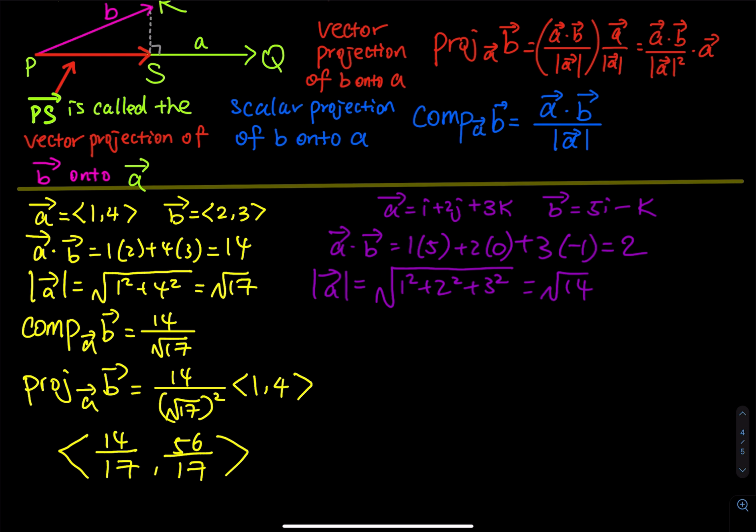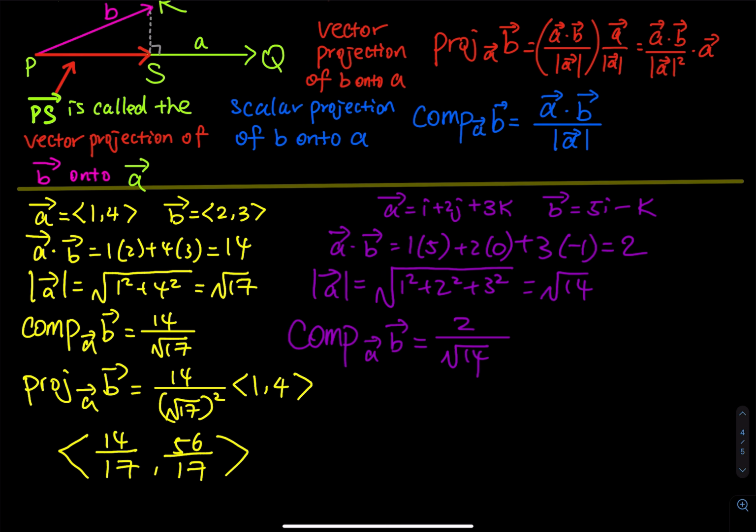Alright, so let's do the scalar projection, because that is easier to find. So that is to compute vector B onto vector A. That is equal to the dot product, which is 2, divided by the magnitude, which is square root of 14. The job is done for the scalar projection.